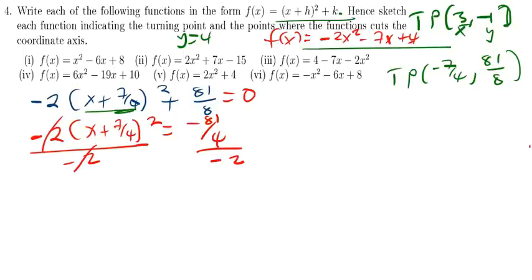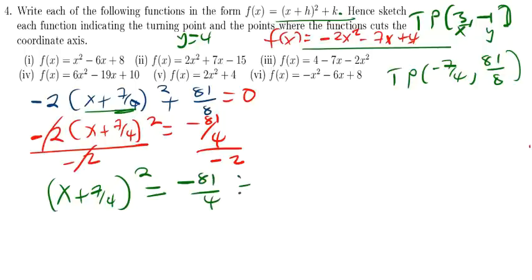What I've remained with is x plus 7 over 4 in the brackets raised to the power 2 is equal to negative 81 divided by 8, since I divide by negative 2, of which I know that will be negative. Oh, it's 8, sorry. This is 8.